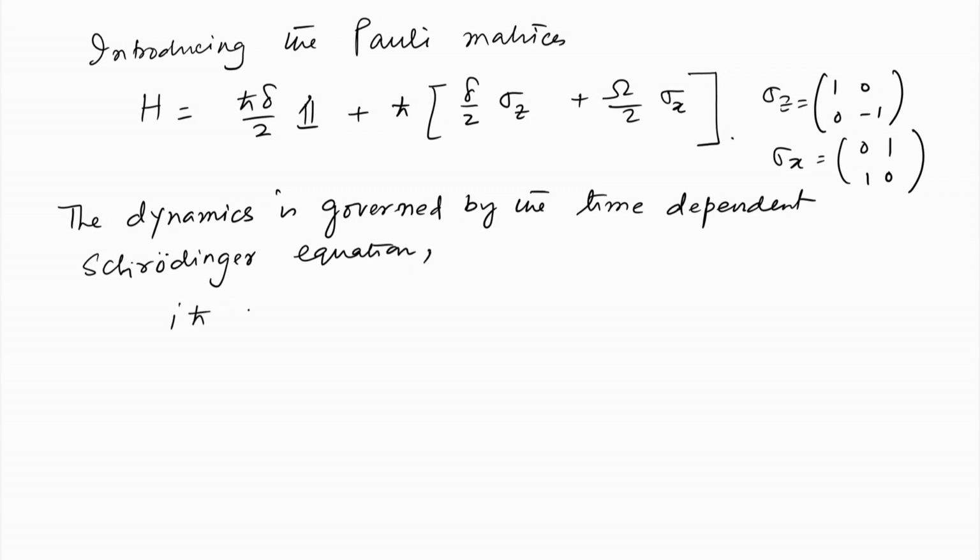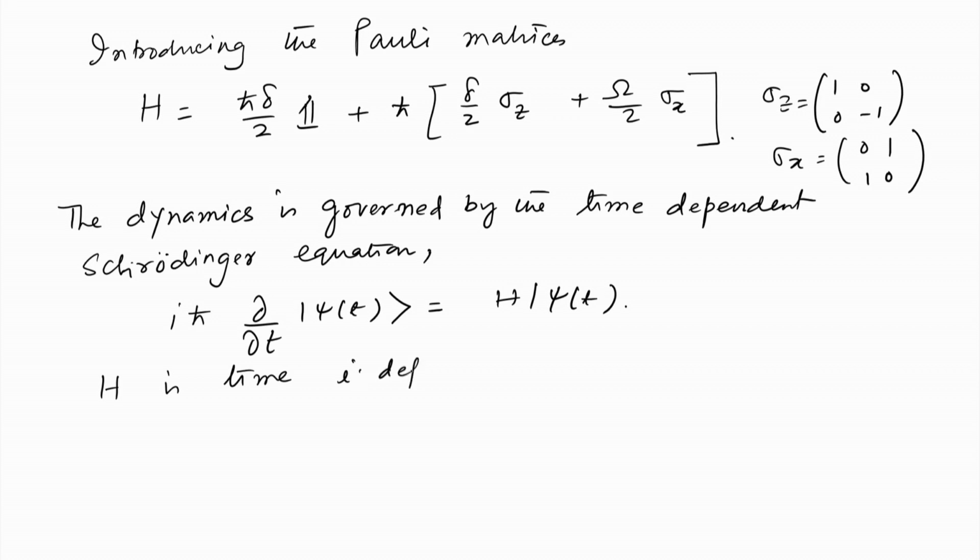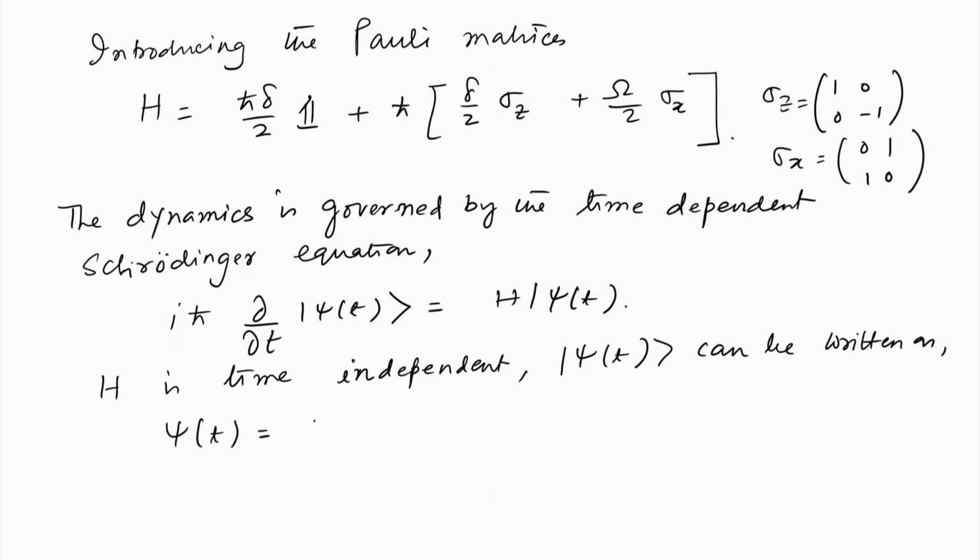Which is i ħ ∂/∂t of psi(t) equal to H psi(t). The Hamiltonian is, of course, time independent, and if that is so, psi(t) can be written as psi(t) equal to U(t, 0) psi(0).